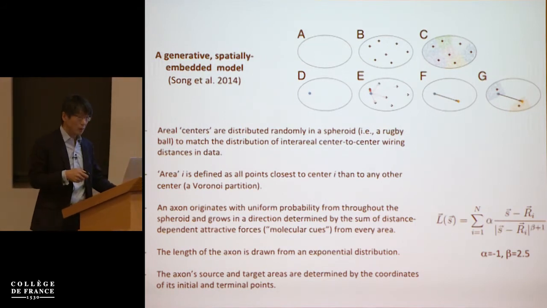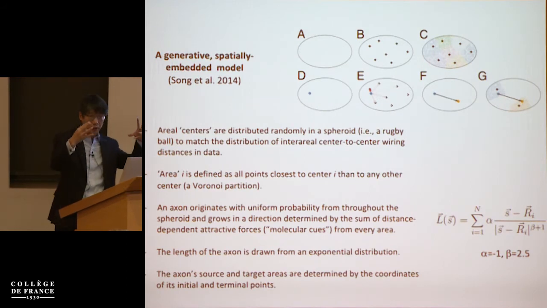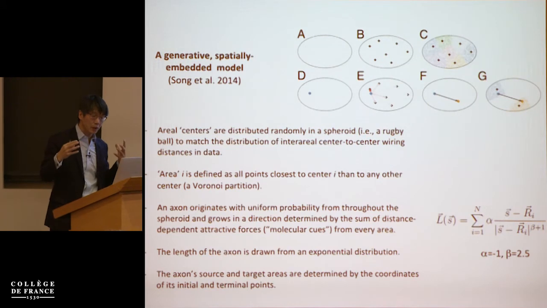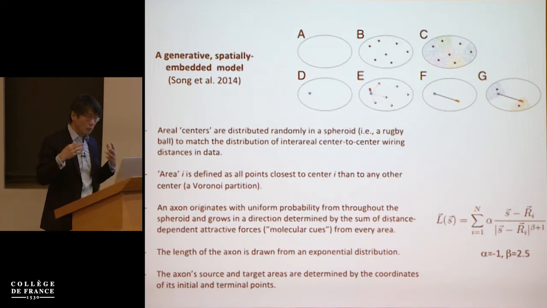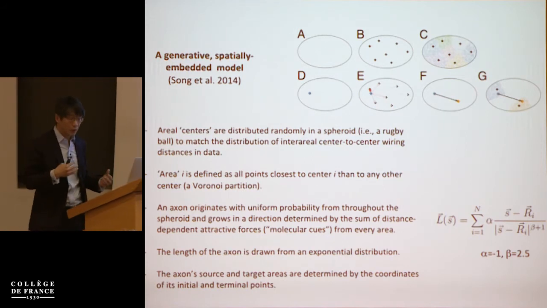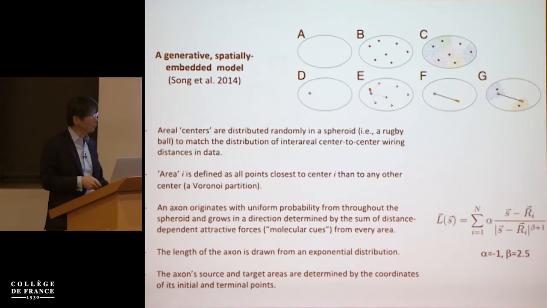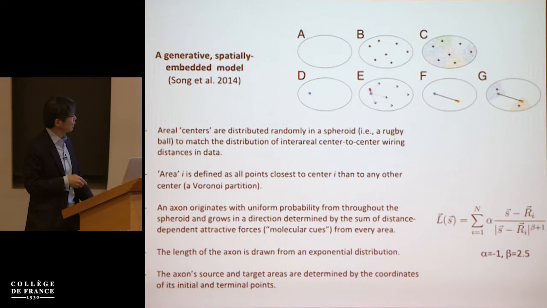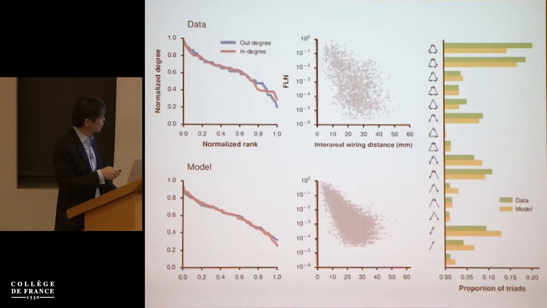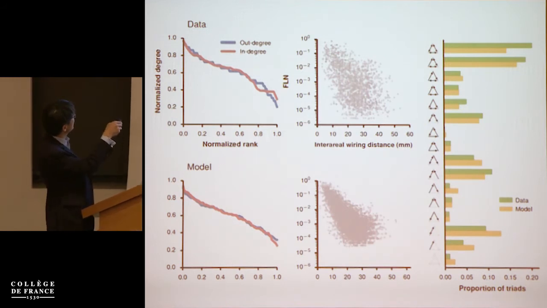Just to say that he started with a three-dimensional cortical tissue model, really a continuum, and then built a model in which you grow axons between areas based on a simple mathematical model, and then see if this kind of model can capture the experimental observations. So let me just show you this slide, comparing the model with the monkey data.